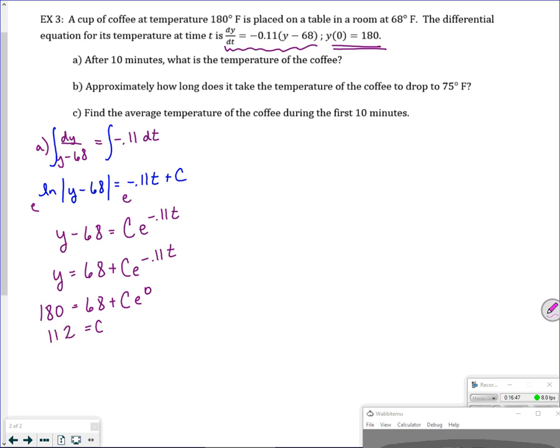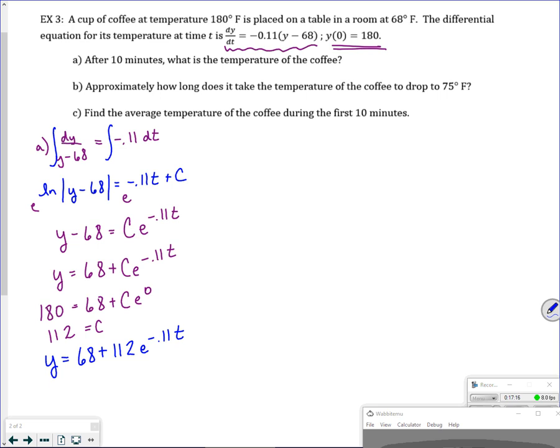So my equation, we have y equals 68 plus 112 e to the negative 0.11 t. That's my y equals. Now the question really for letter A, that's not what it asked. It didn't ask me to solve the differential equation. It said after 10 minutes, what is the temperature of the coffee?